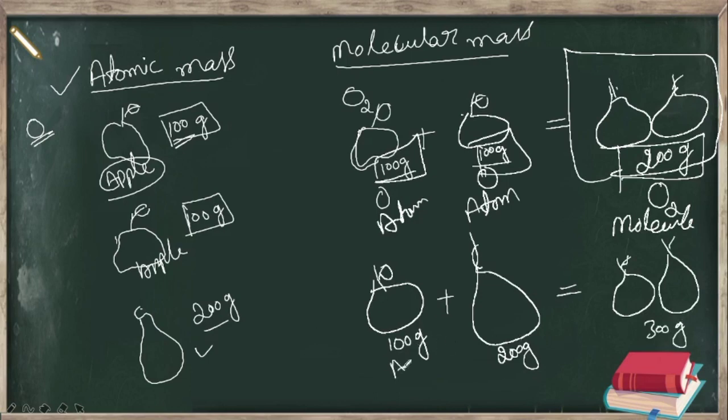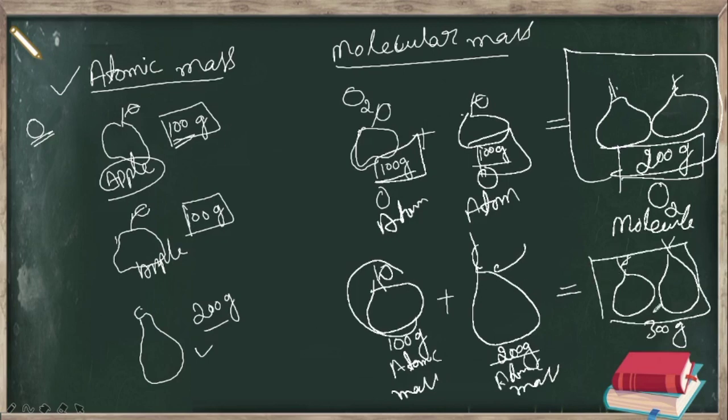So this is the atomic mass of one element. This is the atomic mass of another element, and when these two combine together, they form a molecule. So the total mass of all these atoms together, we call it molecular mass. I think now you have got the point.